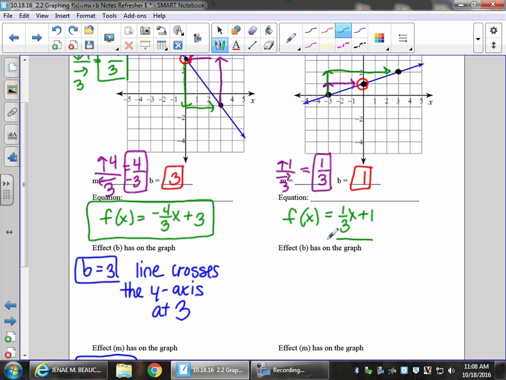Fantastic. Work on the effect of B and M, please. M and B, what does it do to the graph? Get the language on the paper. It's not even, it's like half a sentence. Go ahead and work on it. What does B do?